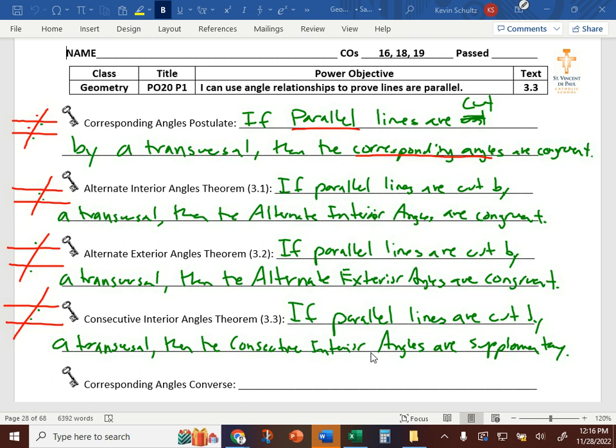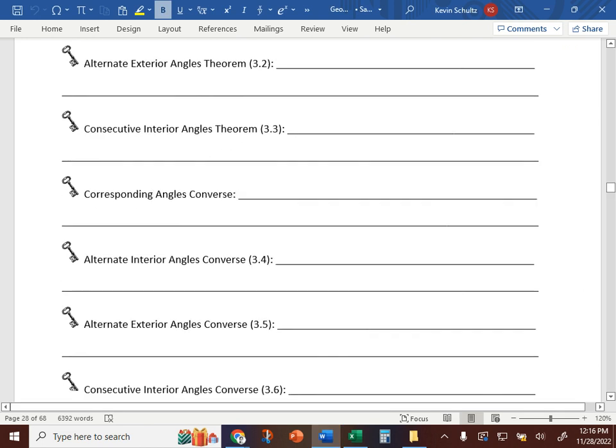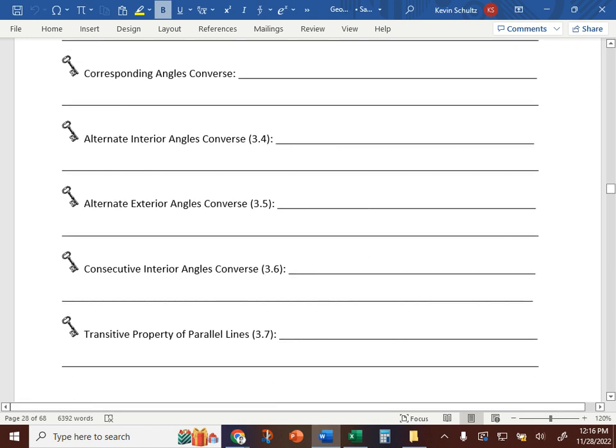Just to say that if, oh, look at all this, good stuff.